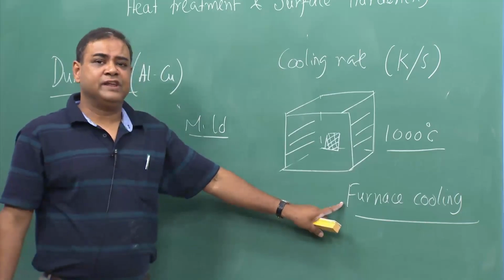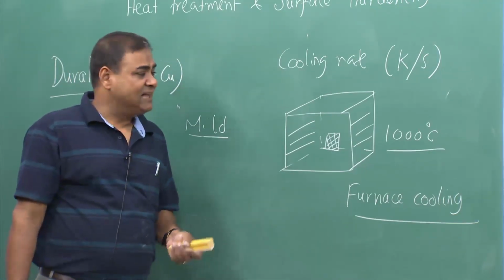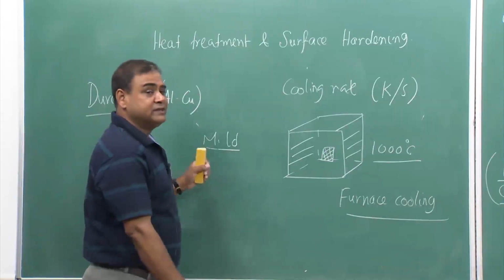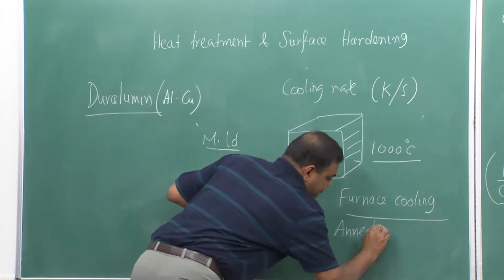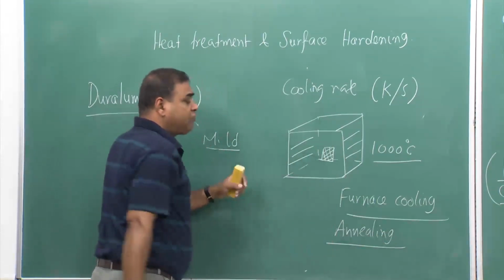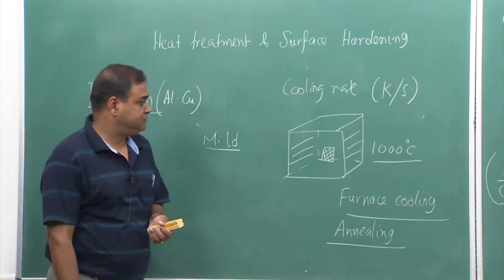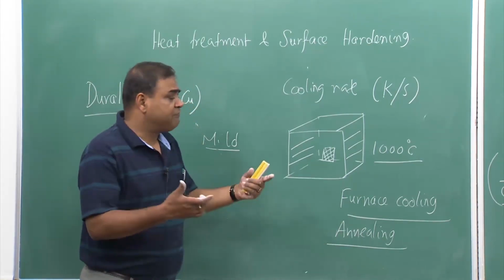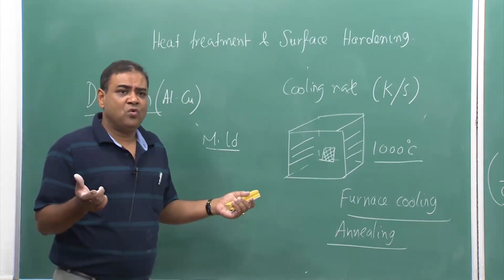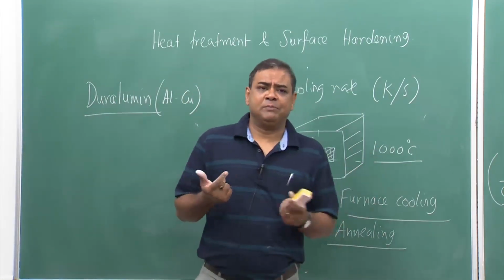And this furnace cooling is very, very slow cooling, and that time we also call it as annealing or furnace annealing. It is basically the furnace annealing. And if it is a very, very slow process, we can say that it is following pseudo equilibrium process.